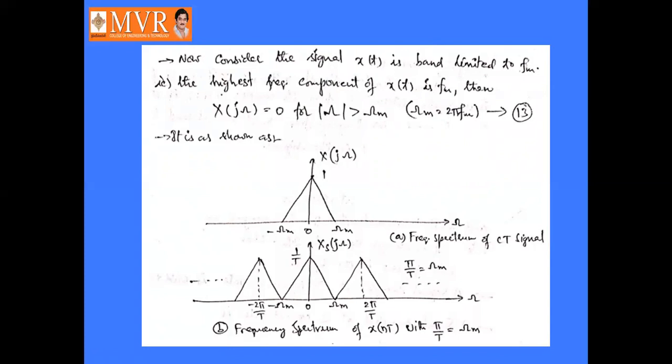So it is band limited to fm, which can be represented like this: X of j omega is varying from minus omega m to plus omega m. This is the frequency spectrum of the CT signal. Then Xs of j omega is the frequency spectrum of x of nT with pi by T equal to omega m, which can be represented like this.